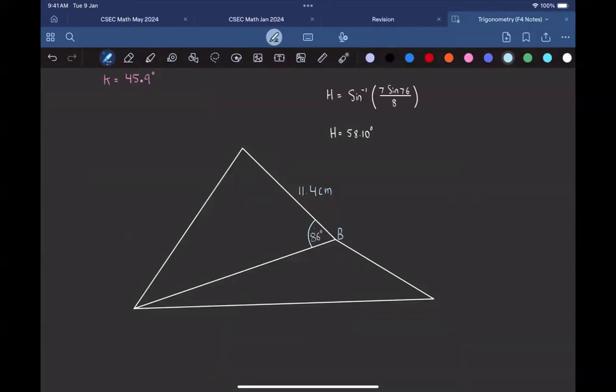You will truly have to use your brains for this question, which is good. I assure you all, it's strictly sine rule. So no tricks.